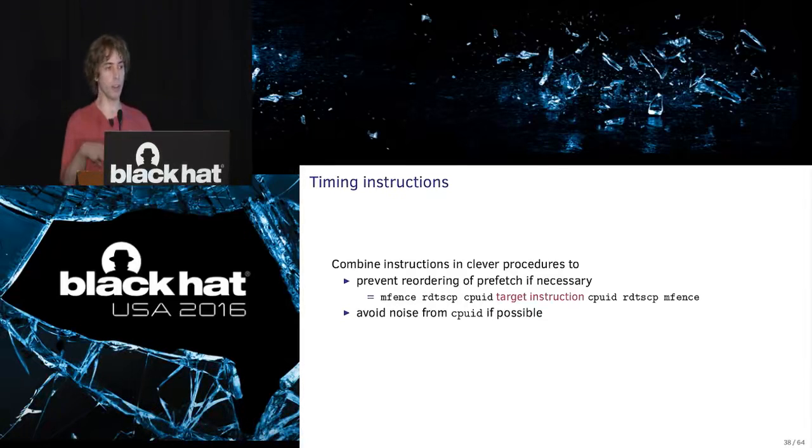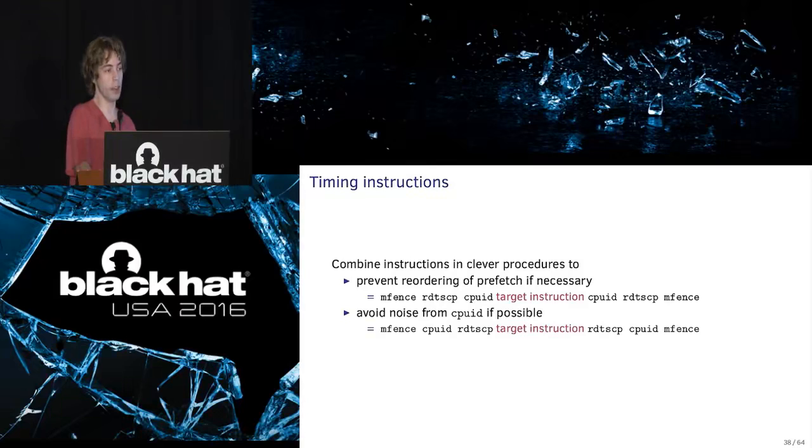If we want to reduce the noise from CPUID, and if we don't measure a prefetch instruction, then we can instead execute the following sequence: mfence, then CPUID, and then RDTSCP, and this will provide us with a better accuracy, so we don't have to perform that many measurements for this kind of measurement.